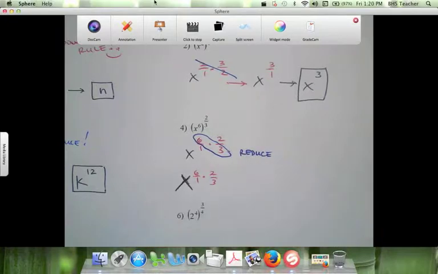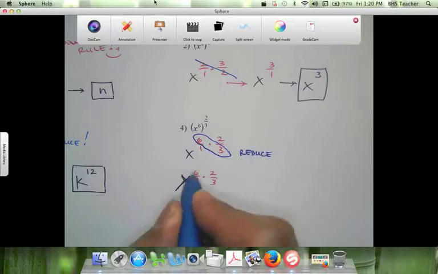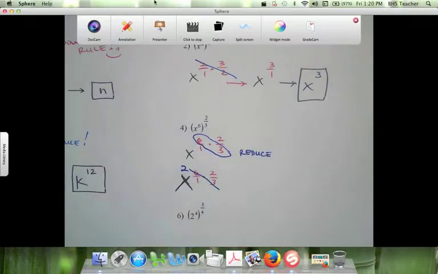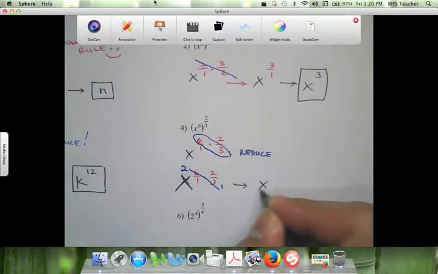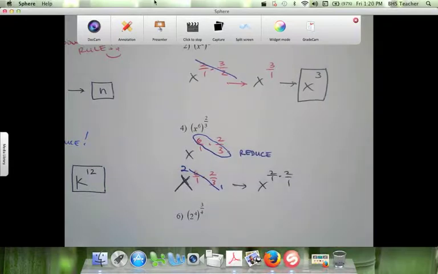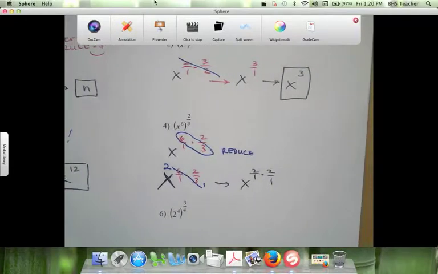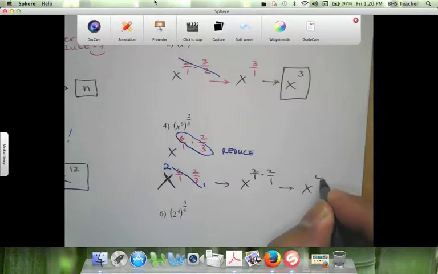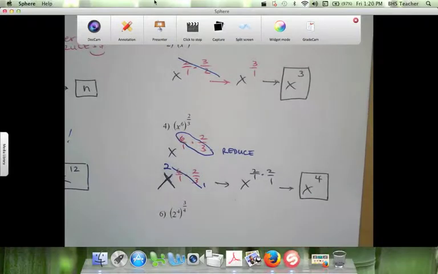That'll be 6 divided by 3 is 2. So you're left with 2 over 1 times 2 over 1. Same as 2 times 2, so the answer is x to the power of 4.